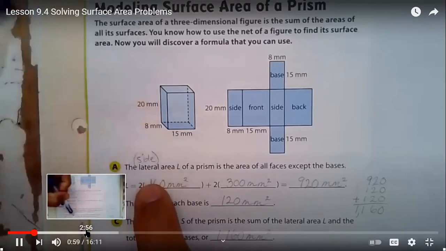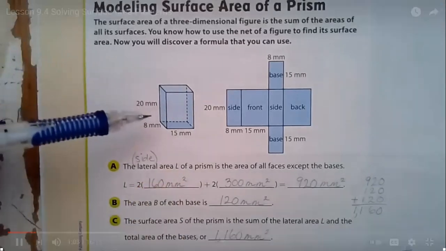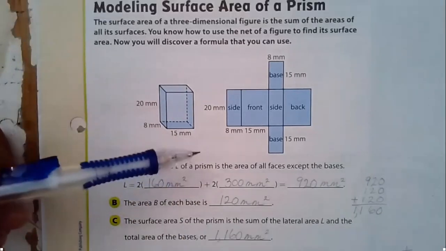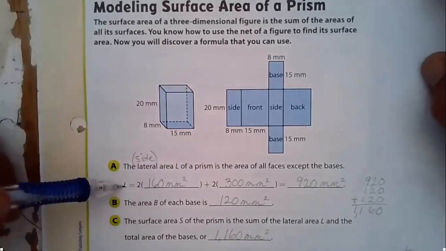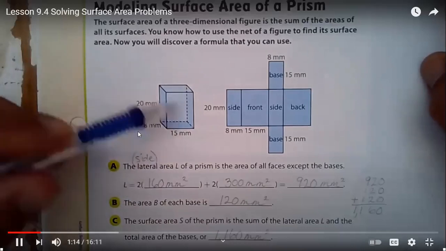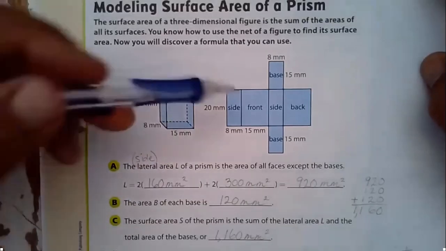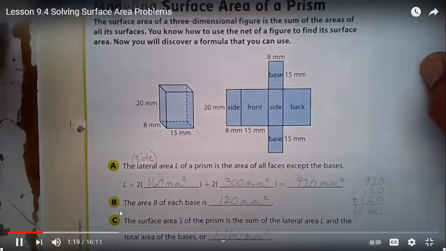The lateral area of a prism is the area of all the faces except for the bases. So the lateral area is 2 times 160 plus 2 times 300.